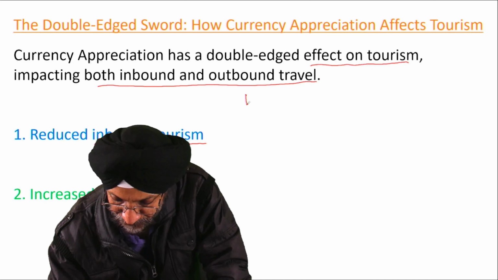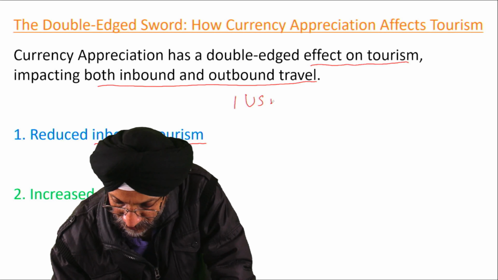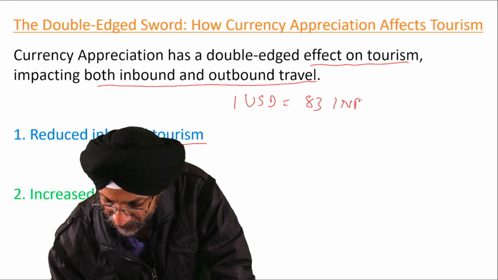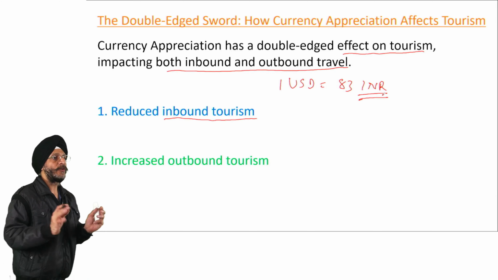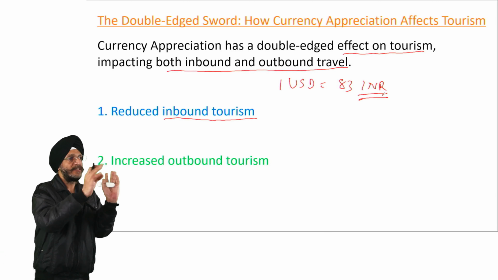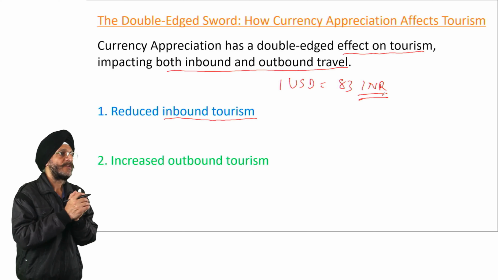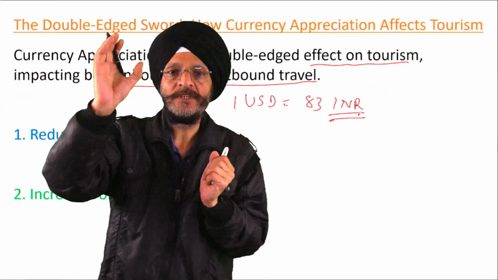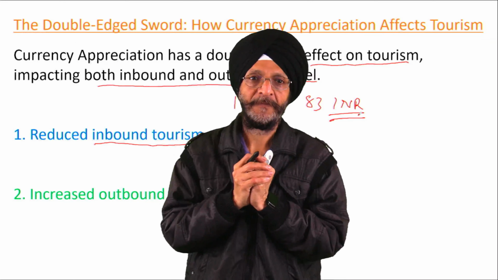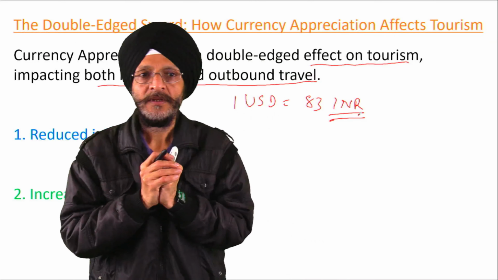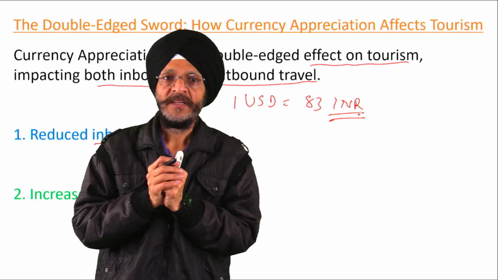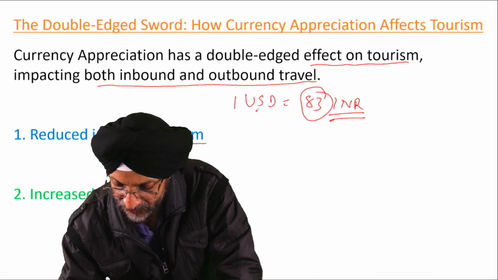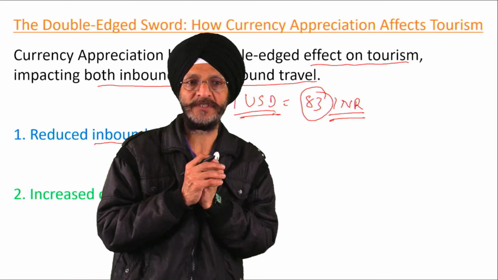Suppose 1 US dollar is equal to 83 INR. INR is Indian rupee. We are living in India. We are taking the example of USA and India. Suppose people from USA or tourists from USA are visiting India. So at present, if they visit India, they will get 83 in exchange of 1 US dollar.